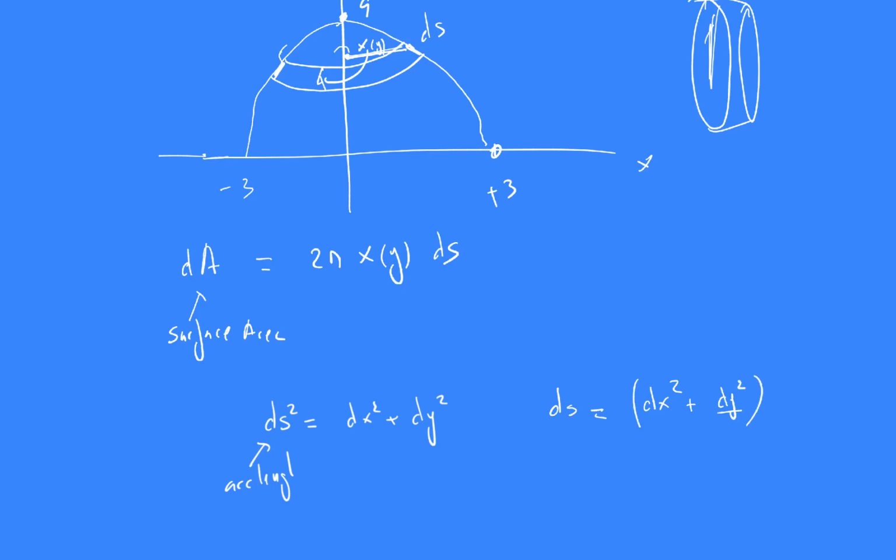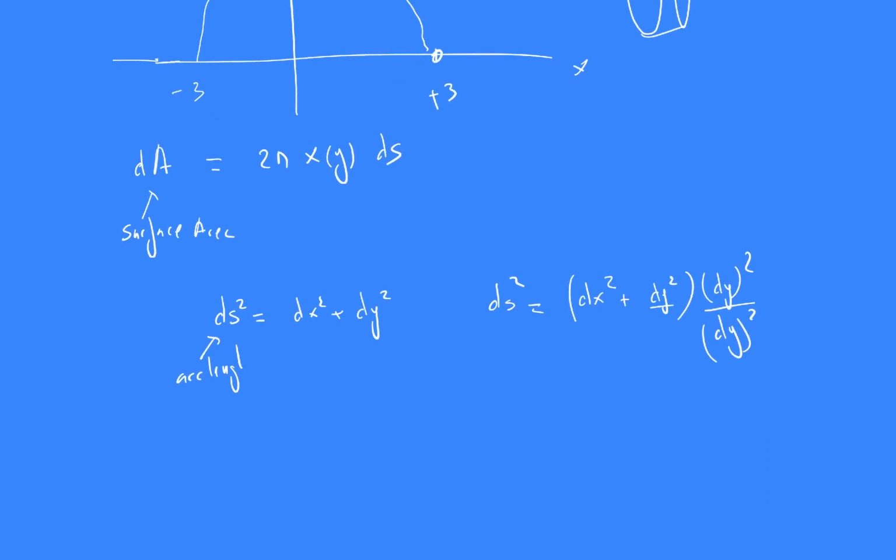So I will multiply by dy squared divided by dy squared. So ds squared will be dx squared plus dy squared, divided by dy squared, and multiplied by dy squared.